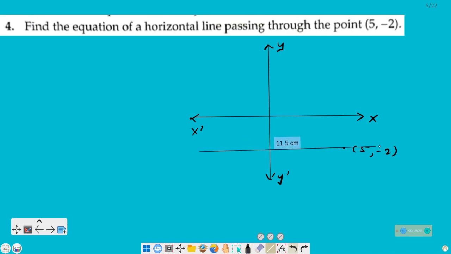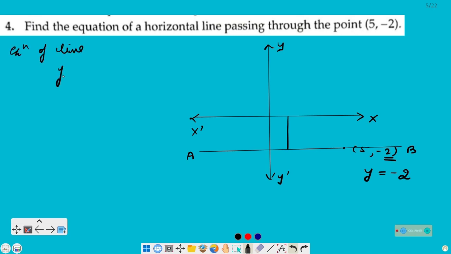Equation of horizontal line means parallel to x-axis. Equation will be y is equal to k and this distance is 2 but in negative direction. So the equation will be y is equal to minus 2, means y plus 2 is equal to 0.